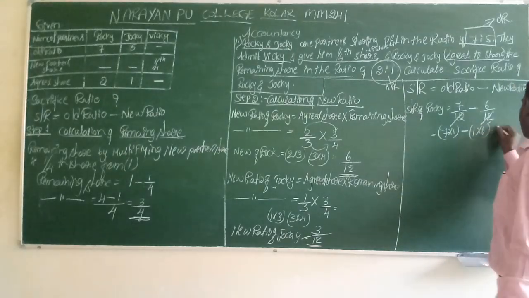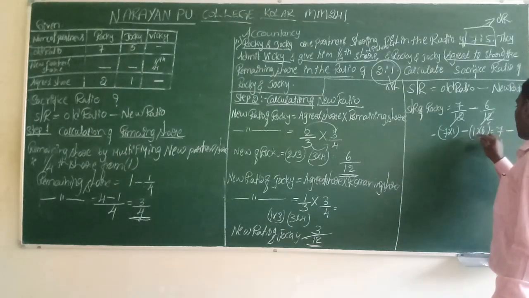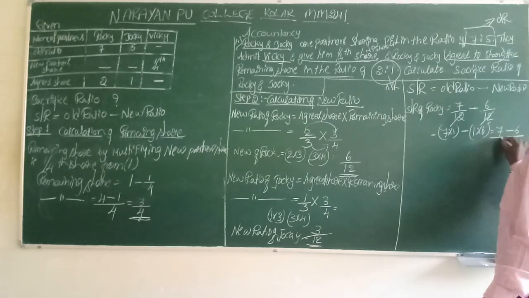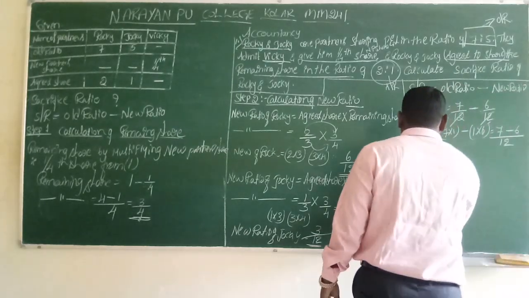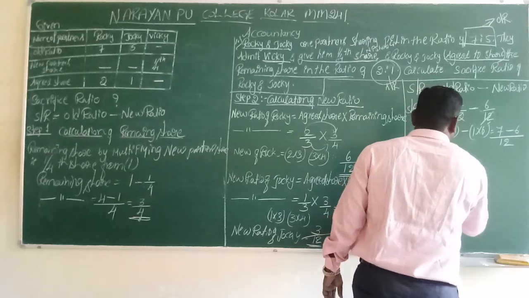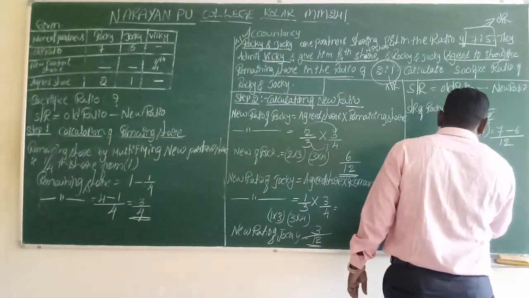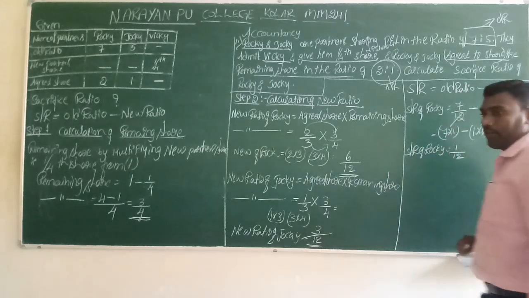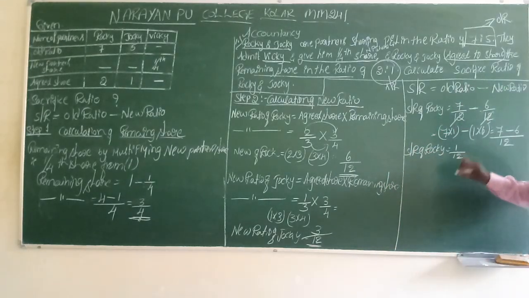Therefore, it is equal to 7 minus 6 divided by 12. Therefore, the sacrifice ratio of Rocky is equal to 1/12. 7 minus 6 we get 1.